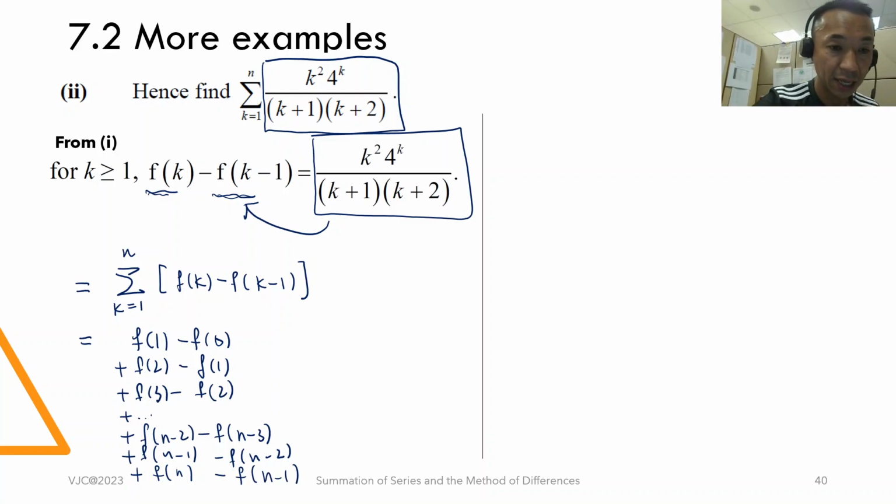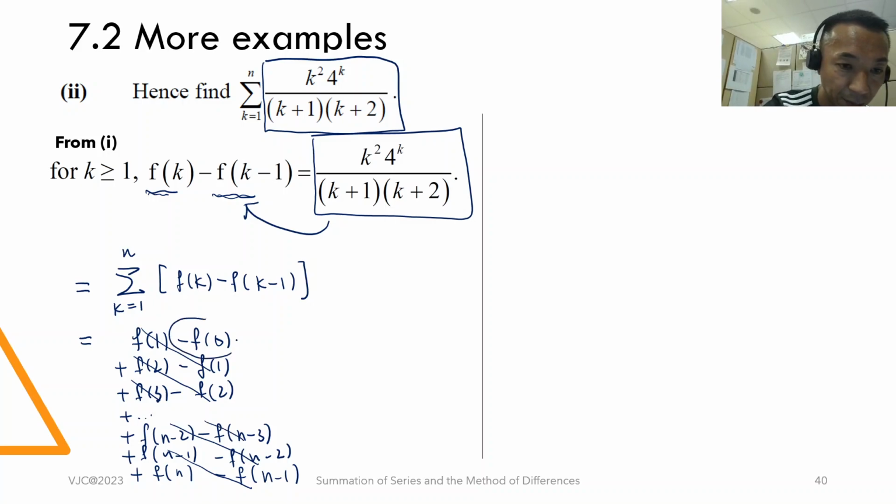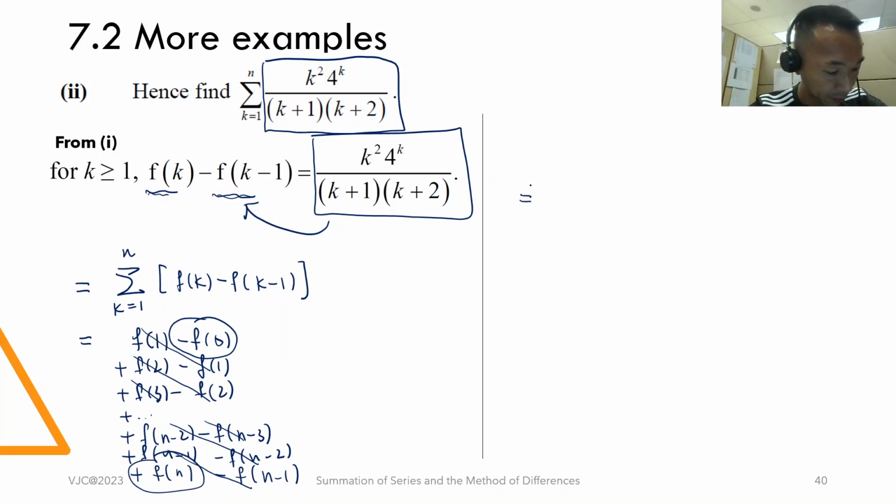And you can see here that it cancels very, very nicely this way. And what you are left with is minus f(0) plus f(n). Therefore, it is f(n) minus f(0).